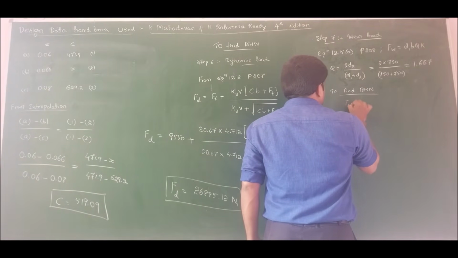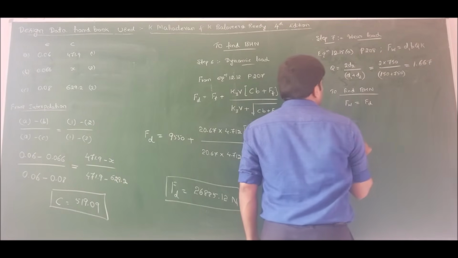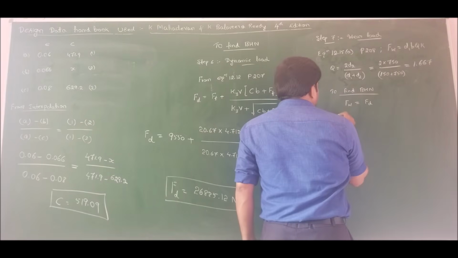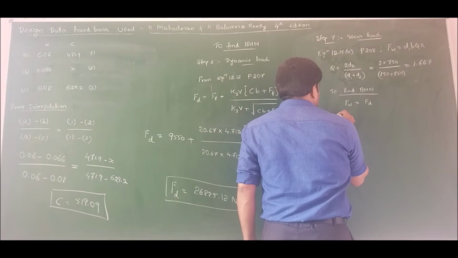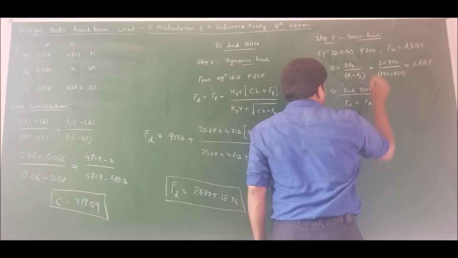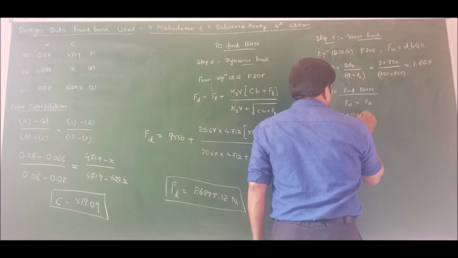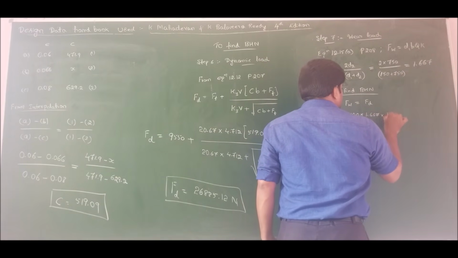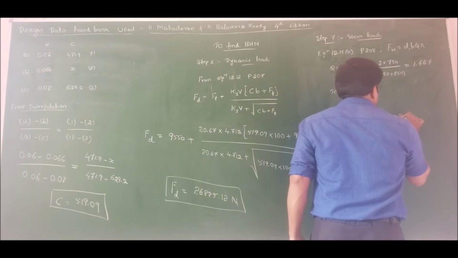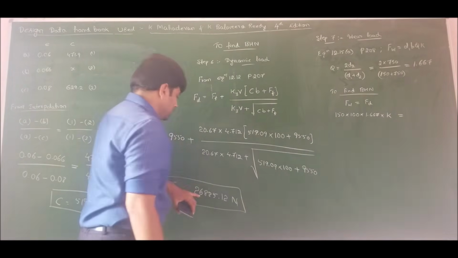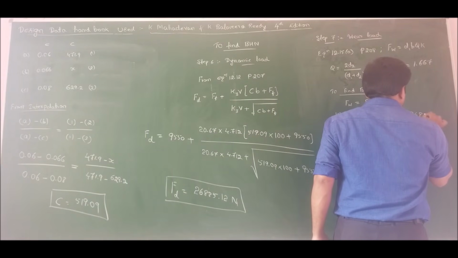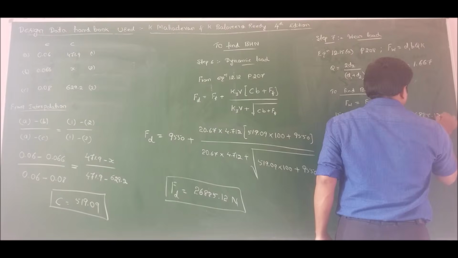So to find BHN, FW must be equal to FD. Using the formula, we know the value of d1, which is 150, times b, which is 100, times Q, which is 1.667, times K, which we need to find, whereas FD is known: 26,885.12.